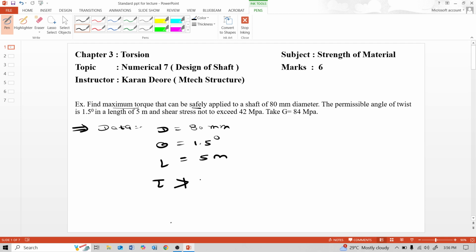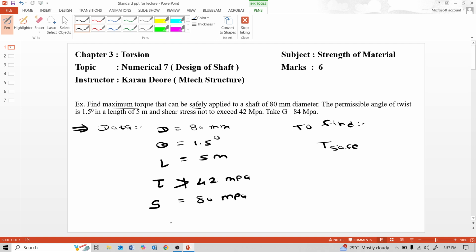That means it is not greater than 42 MPa. And take G as 84 MPa. And to find: safe torque.